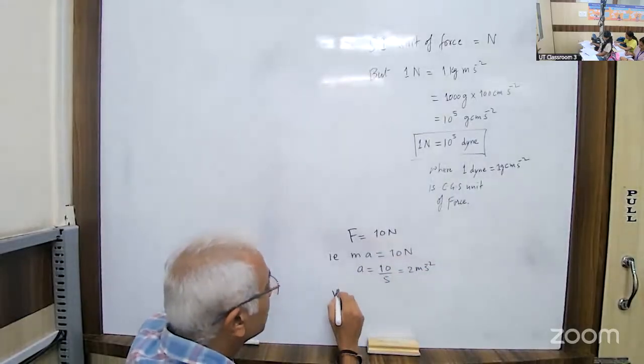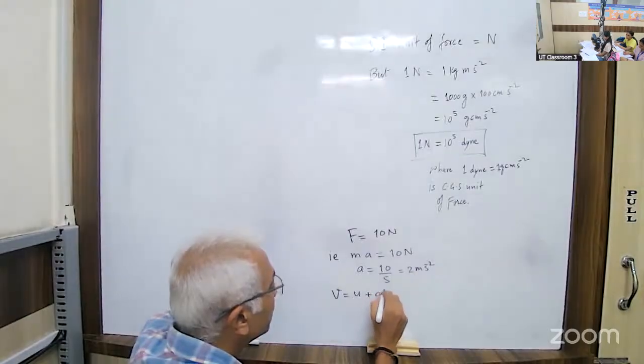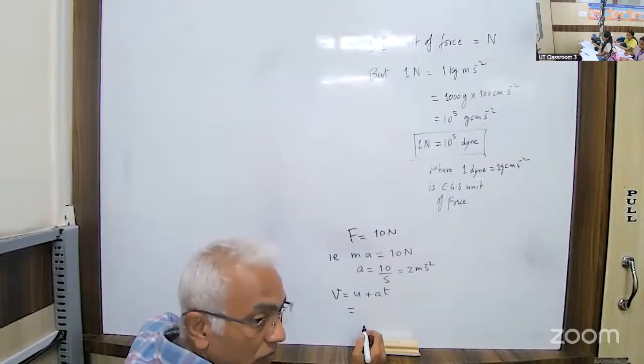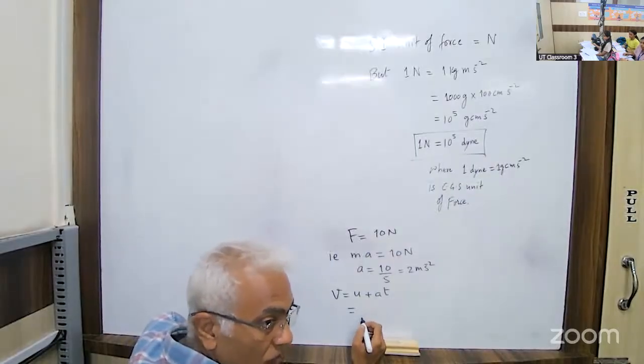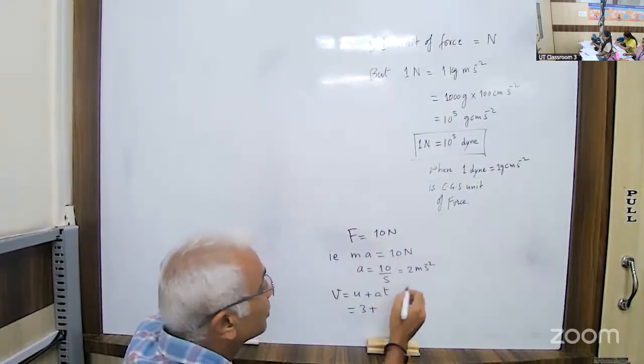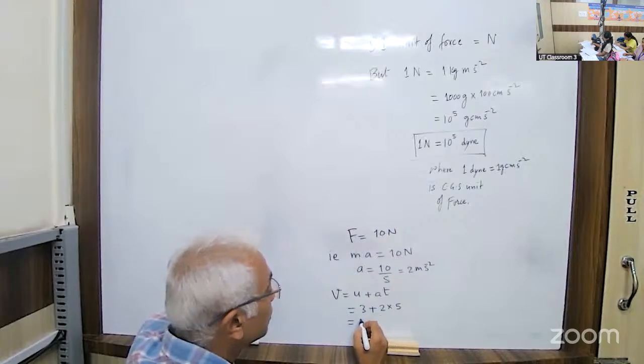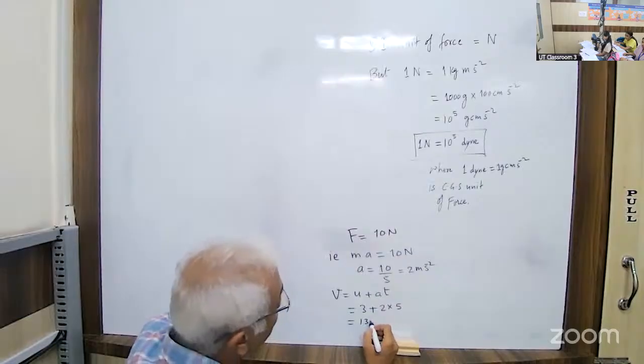What is v? u plus at. So how much is u? 3 meter per second. This is 2. How much did you get? 40.